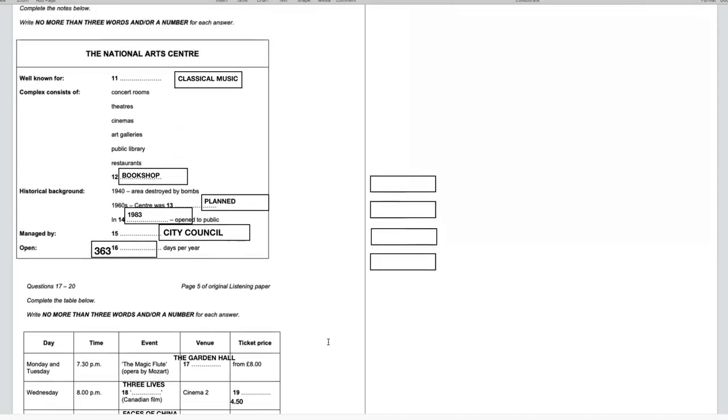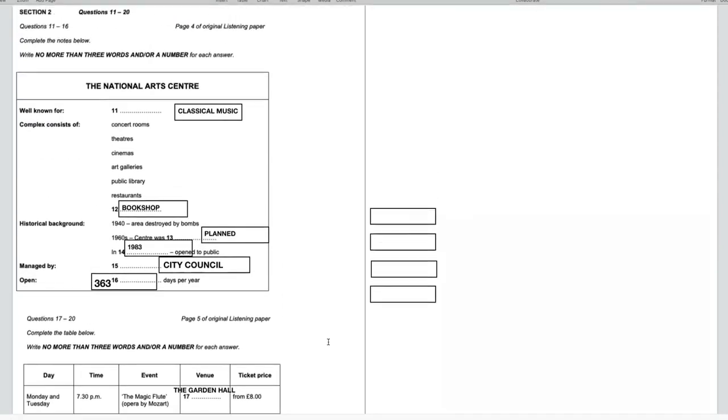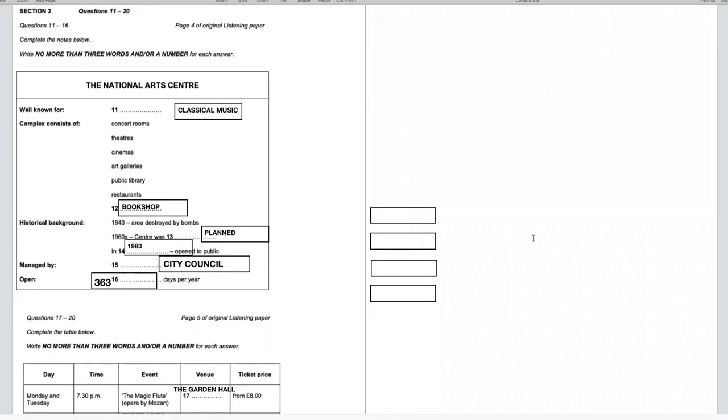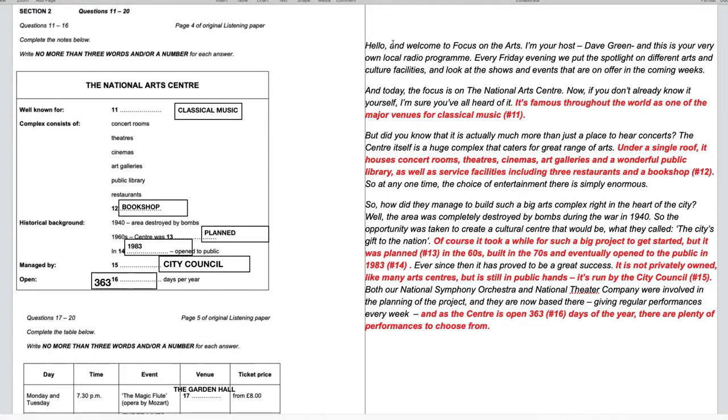So I'll scroll back up, and soon you will see the transcript of the entire section on the right-hand side. Okay, and here we are with our transcript. So we'll start from the beginning, and you saw that it came very much in order, just like it would for this question type. Now, he starts off by saying it's famous, so the National Arts Center is famous throughout the world.